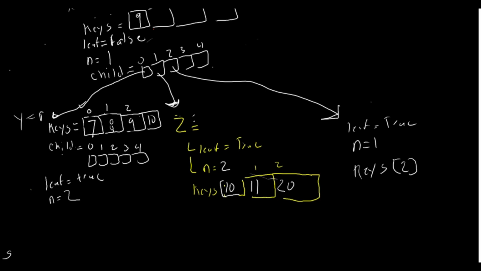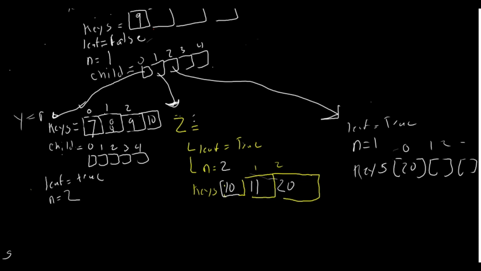So in the code we have a new insertion here. And we'll just call this the new one. So leaf is true and n equals 1. And the keys is 20.